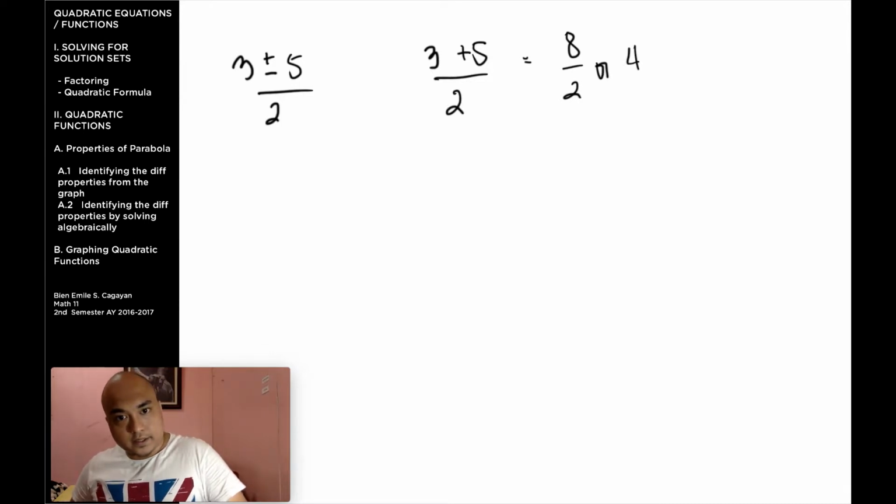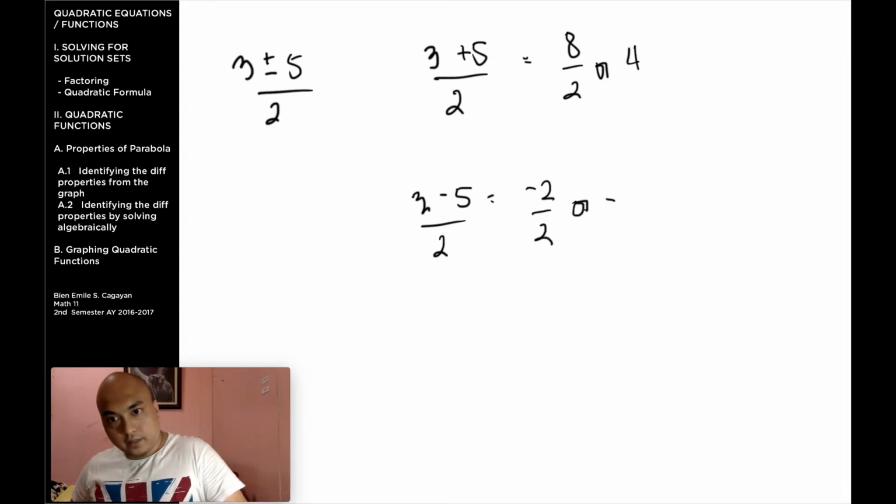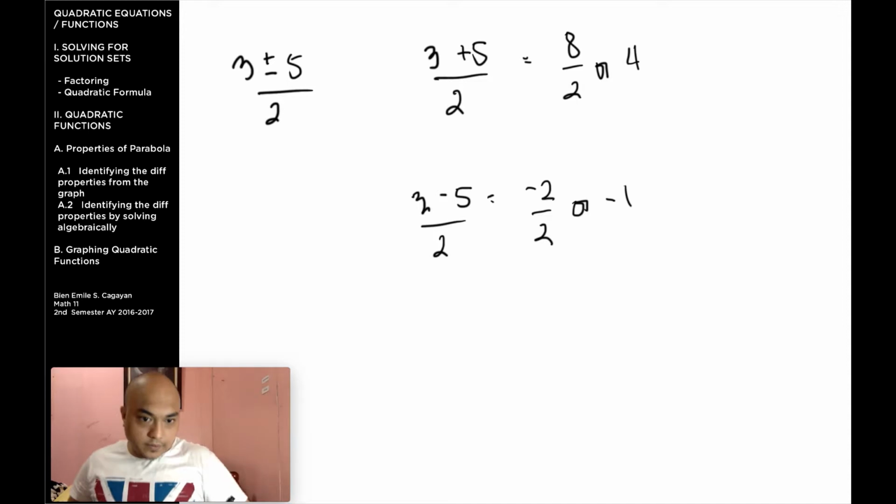The other one is 3 minus 5 over 2, which is negative 2 over 2, or negative 1. So we just substitute the values into our equation, which is x squared minus 3x minus 4.